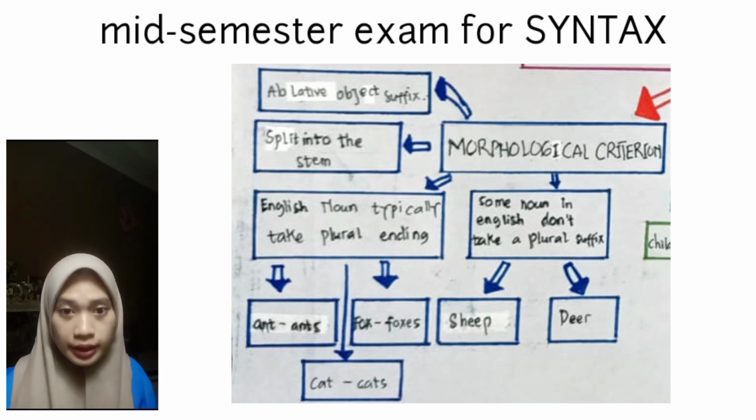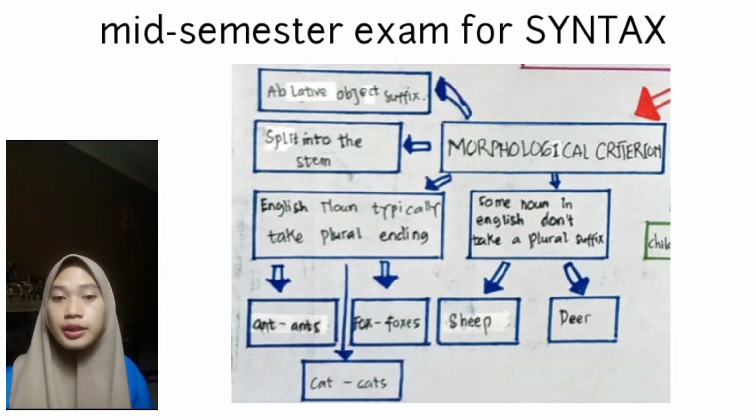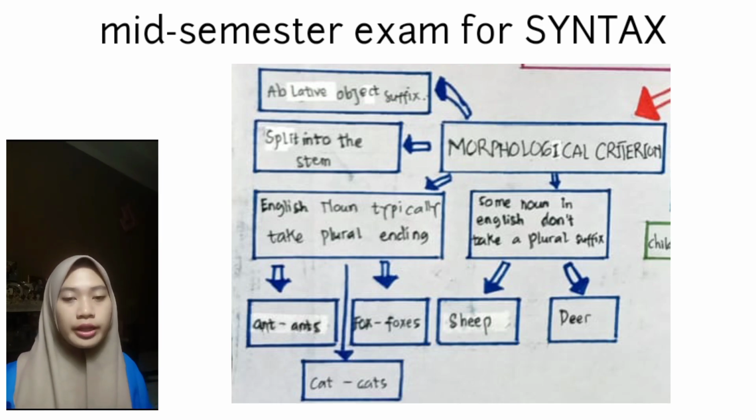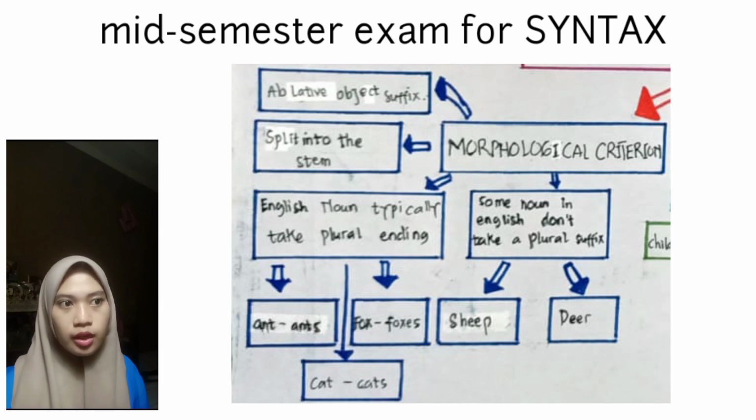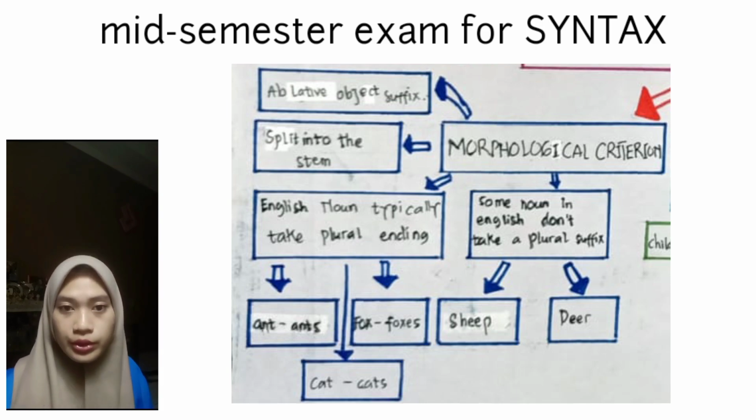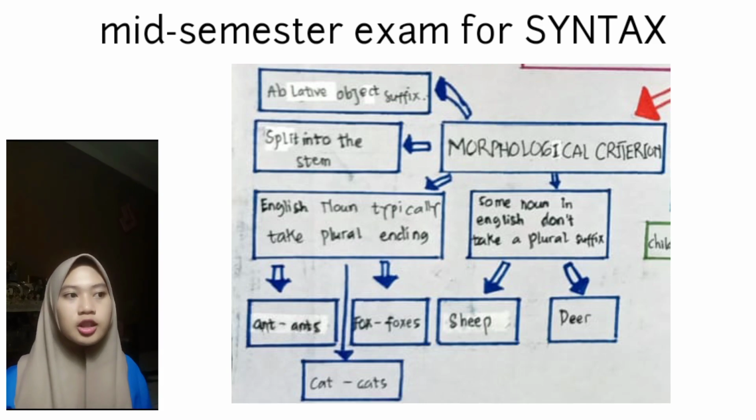Don't say monies, but say units of currency. Why don't you say monies? Because it refers to different units of currency. And last, baggage. Don't say baggages, but say multiple pieces of luggage, because it refers to multiple pieces of luggage.